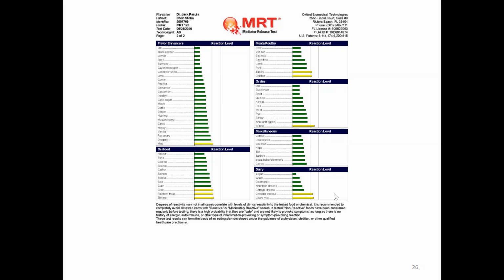And I am going to talk a little bit more about that in more detail, but please understand that if you are doing this test, whether you have yellow, red, or green in your dairy, we are eliminating dairy for at least 14 days because it is a complex category, and it has a lot to do with where the food source is coming from.